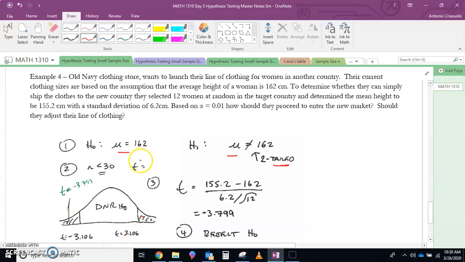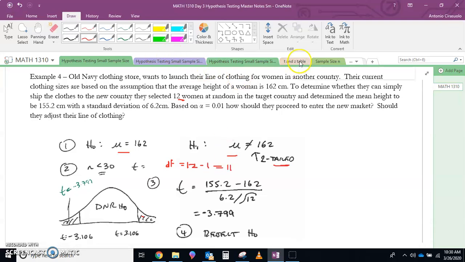We need to go find the t-value, the critical values, and according to this, 12 women were selected at random, so we know that the degrees of freedom in this case is going to be 11. So 12 minus 1 equals 11.